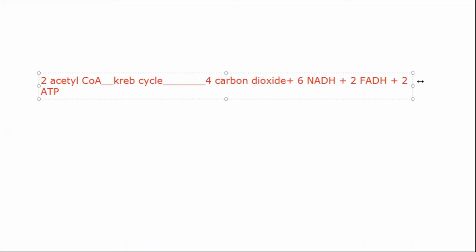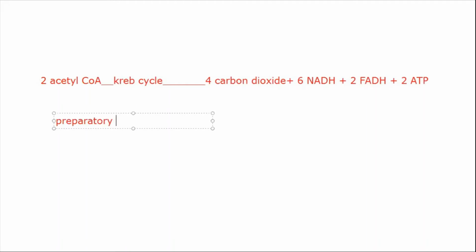So if you go and count the preparatory phase and the Krebs cycle, you will add all together, preparatory phase plus Krebs cycle.